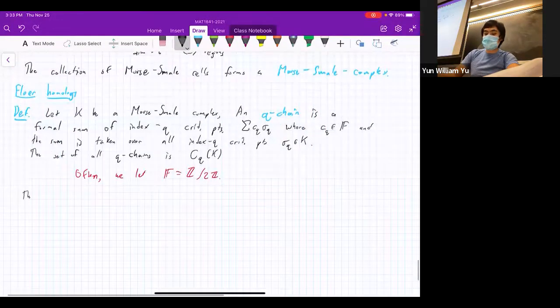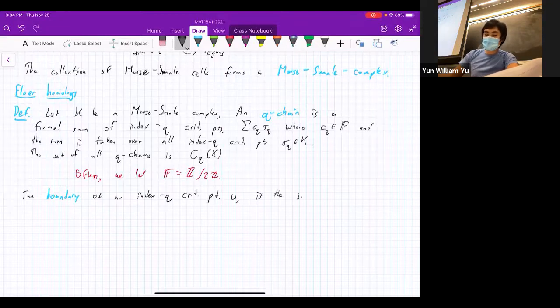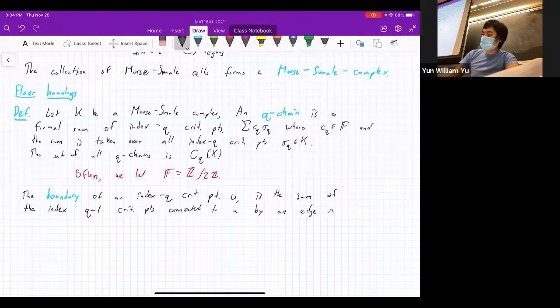And now we can give a boundary operator. So what's the boundary? The boundary of an index Q critical point U is the sum of the index Q minus 1 critical points connected to U by an edge in the complex.